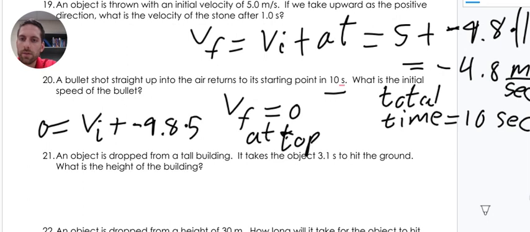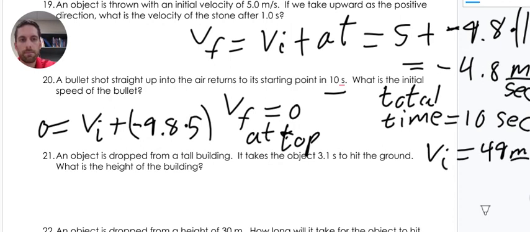And then we're going to add this value to both sides. It's negative, we want to make that positive. So then V initial is going to be 49. So pretty fast.